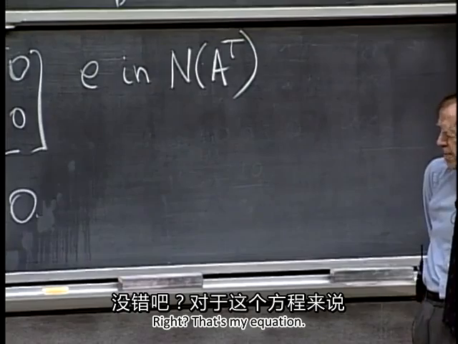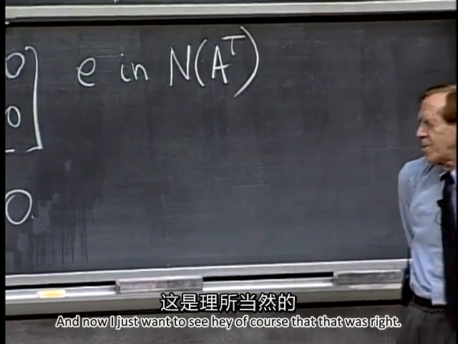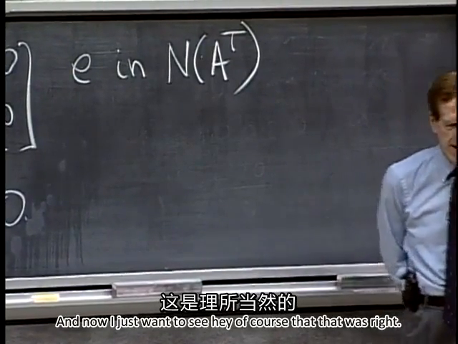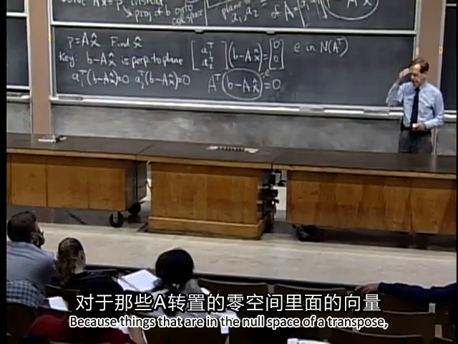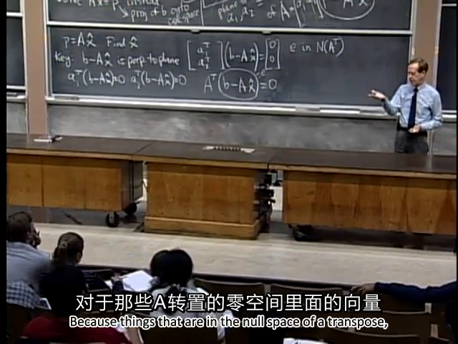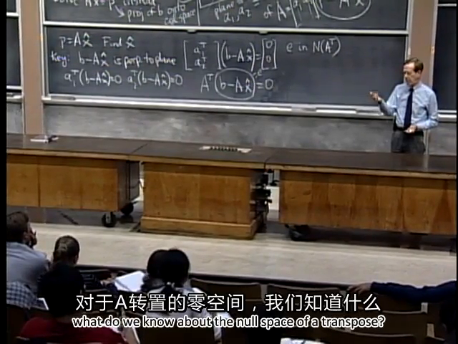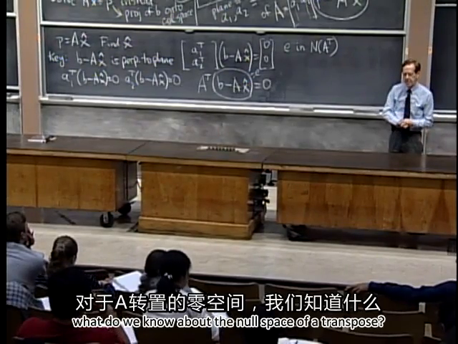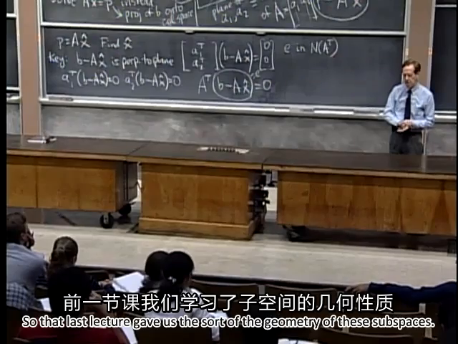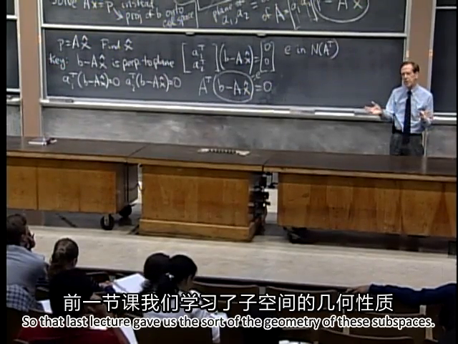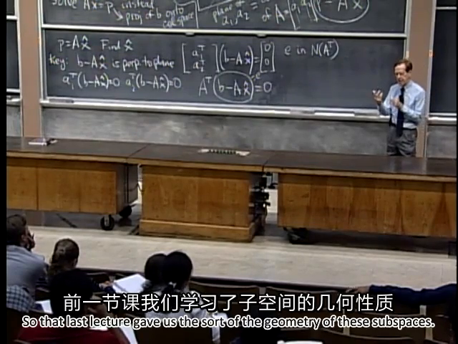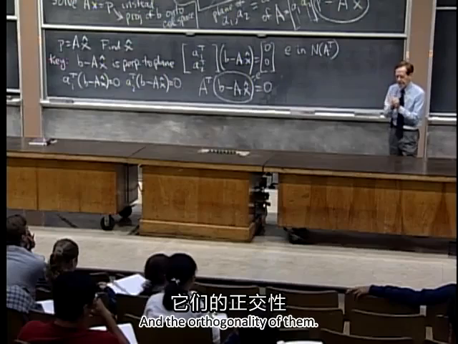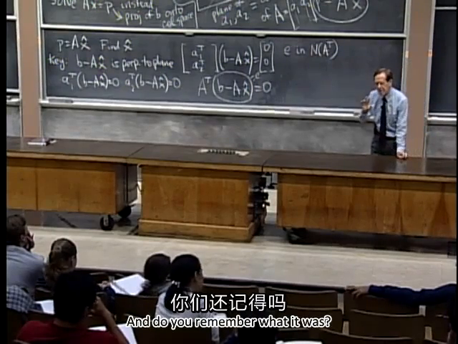So I'm learning here that E is in the null space of A transpose. And of course, that was right. What do we know about the null space of A transpose? The last lecture gave us the geometry of these subspaces and their orthogonality.